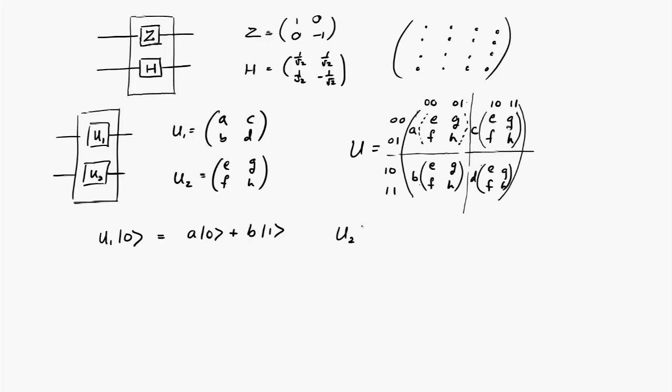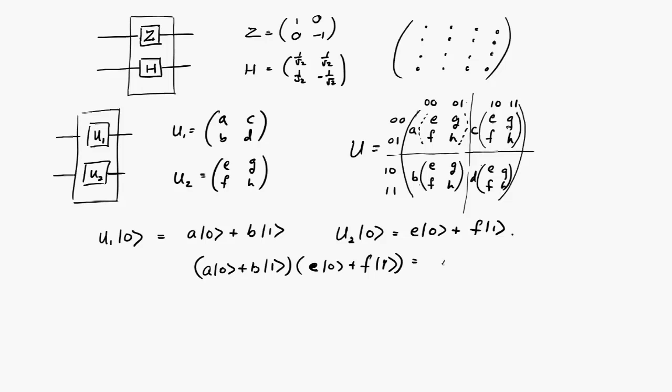So U2 on 0 equals E0 plus F1. Okay, so now if you want to know what happens to 0, 0 when you apply U1 to the first qubit and U2 to the second qubit, what you get is A0 plus B1 times E0 plus F1, which is, so what's the amplitude of 0, 0?